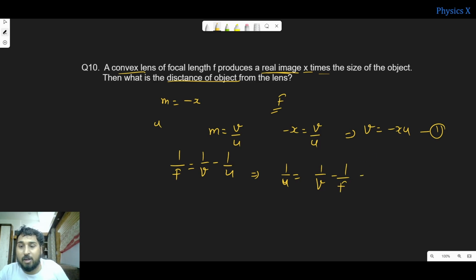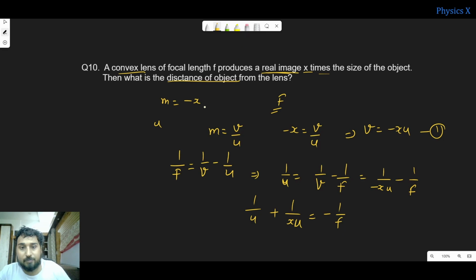Now 1 by v is what? This is equal to 1 by minus x u minus 1 by f, right? So if I take this on the left hand side, so 1 by u plus 1 by x u, and this is equal to minus 1 by f.